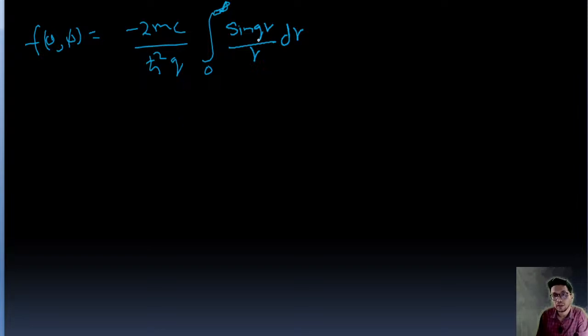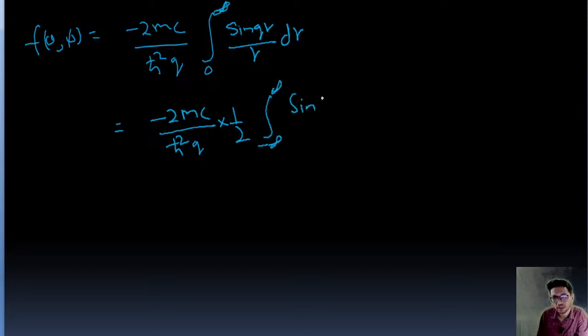This is one. Now these are odd functions, right? So we can break the limit. So this is going to be minus 2mC upon h cut square q into 1 by 2 integration minus infinity to plus infinity sine qr upon r dr. We can write this, right?